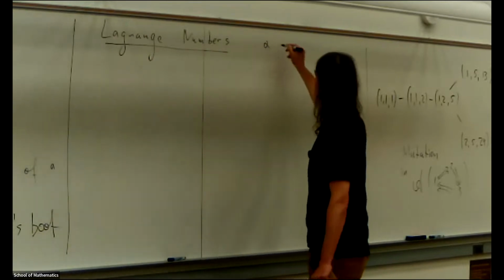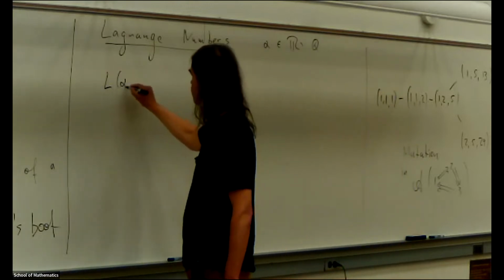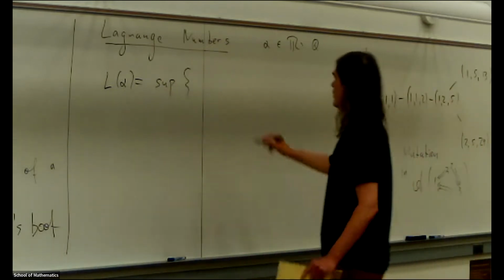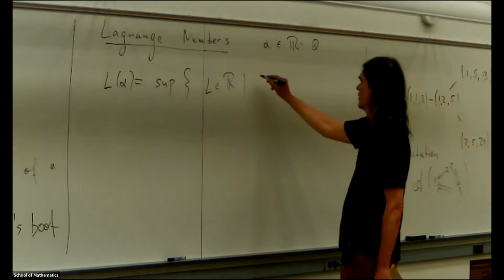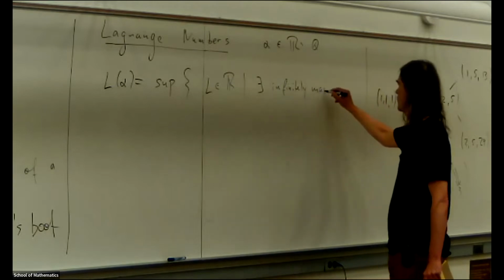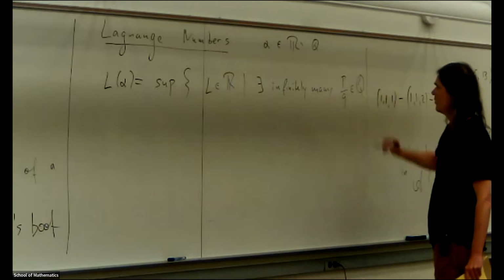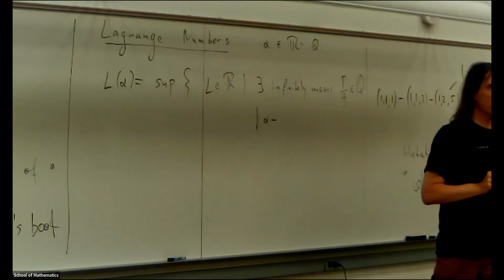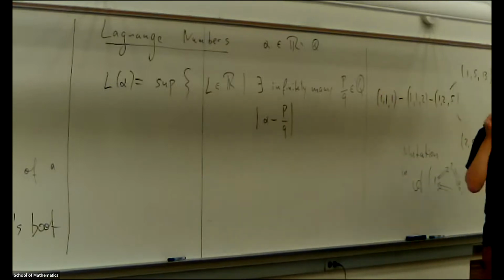You take alpha, any irrational, and its Lagrange number is the sup of all real numbers L such that there exist infinitely many rational numbers such that, well, it's about approximating alpha by rational numbers. So I take the distance between alpha and the rational number, and I want it to be a good approximation.